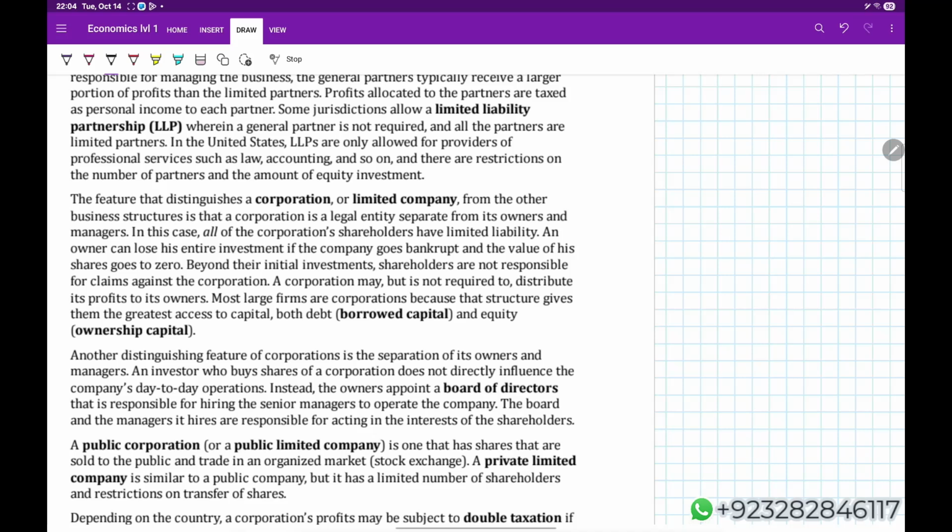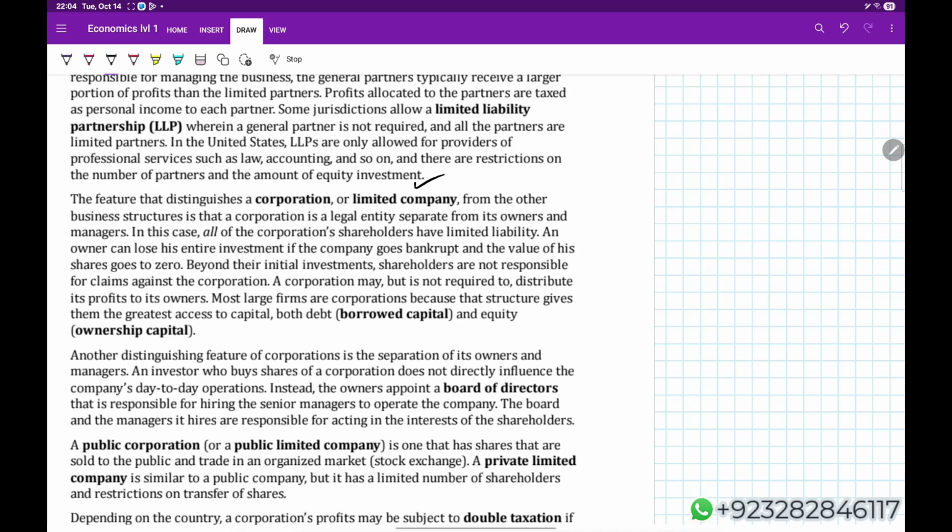Corporations, as the name says, we also call a limited company, right? So the liability of the shareholders, the liability of the owners, is limited to their investment. In the worst case scenario, in the event of default or liquidation, the maximum they can lose is their investment, but they are not responsible for any debt of the business.